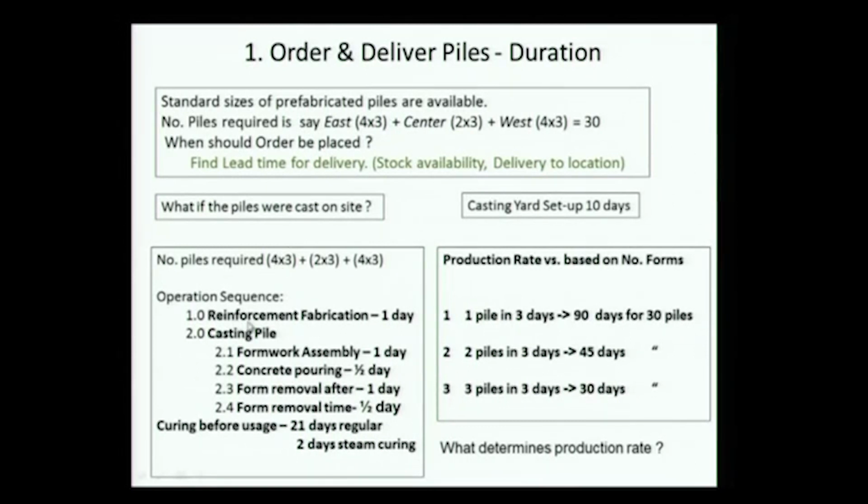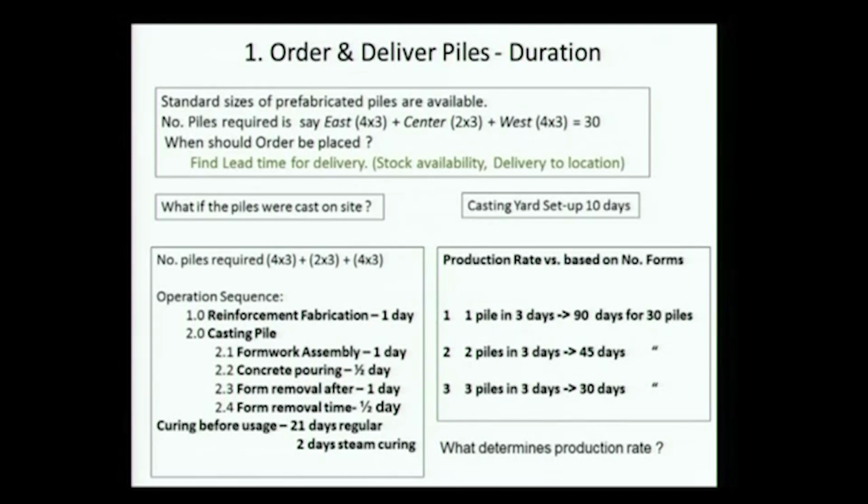I have to fabricate the reinforcement cage, assemble the formwork to cast the pile, pour the concrete, and remove the forms. After 1 day, I can't remove the form immediately, so it has to sit there. I am allowing 1 day for the concrete to set. I probably need less time, but I am allowing 1 day, and then actual time for removing the form. Then I might decide to cure it for 21 days before I actually use it. I have to allow the concrete to gain strength.